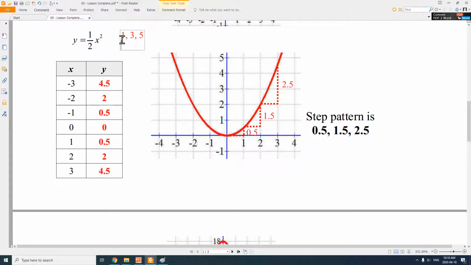If I just multiply my step pattern by 0.5, I have it. 1 times 0.5 is 0.5, 3 times 0.5 is 1.5, 5 times 0.5 is 2.5. That's my step pattern for this one. So you can just get it from the equation by taking your basic step pattern, 1, 3, 5, and multiplying by the a value, 0.5 here.